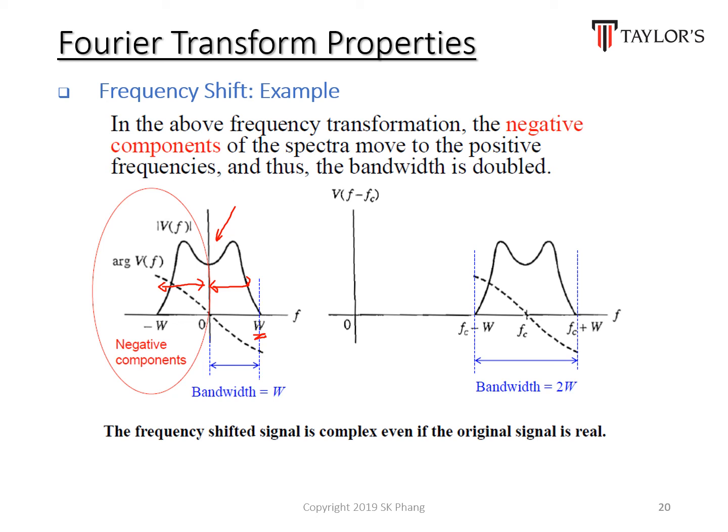What we can do is that from our time domain signal V(t), we just need to multiply it by e to the power of j omega c t, where omega c is 2 pi fc.